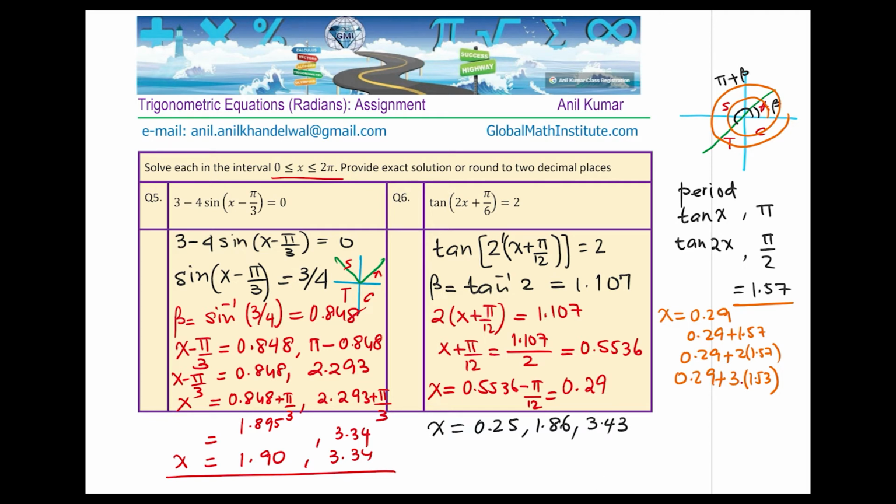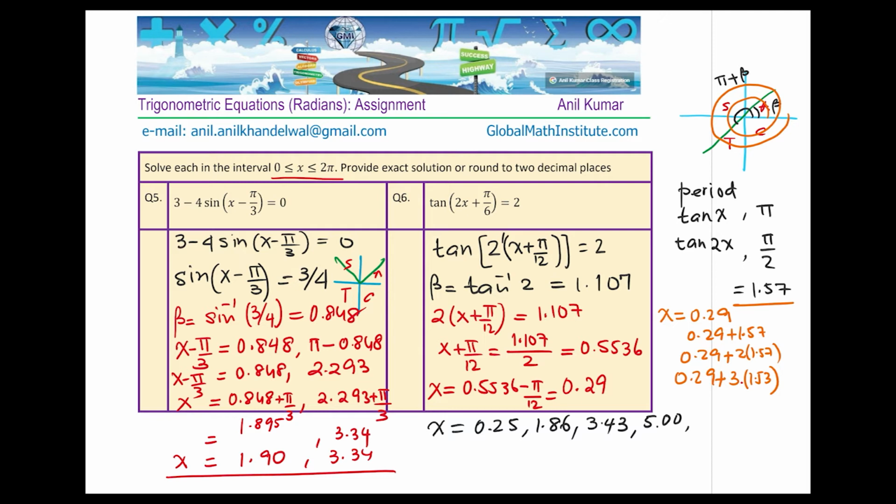And then again add 1.57, 5.0. See, if you now add 1.57, what happens? You get 6.57. Do you see that? Which is out of range.